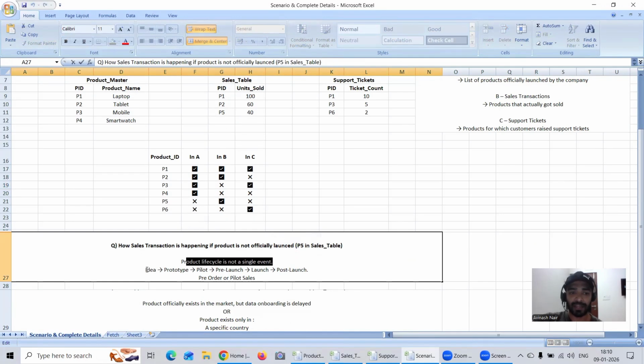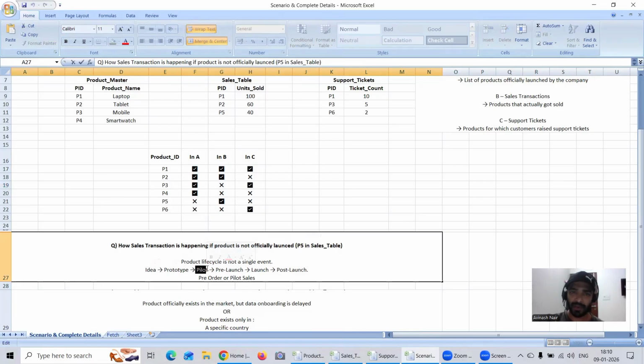For example, there can be an idea of a product, let's say a smartwatch. There can be a prototype. There can be a pilot. Pilot means a particular client has its customer bases in various locations, let's say USA, Europe, India, Malaysia, China.